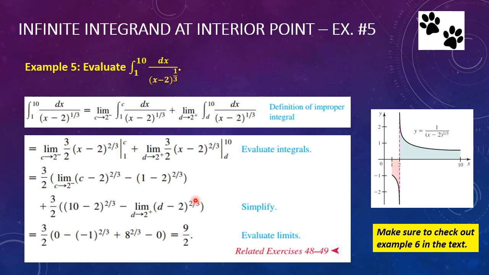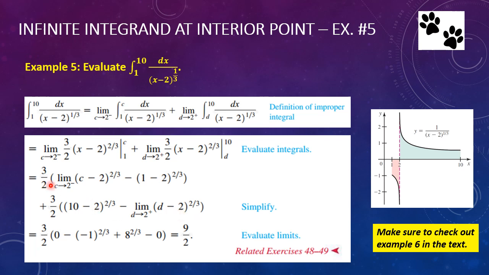When we plug all these in, I'm not going to go through these steps. We get the limit as c goes to 2 from the negative direction of 3/2 times (c minus 2) to the 2/3 minus (1 minus 2) to the 2/3. And again, plugging in all these values, plus the second integral, 3/2 times (10 minus 2) to the 2/3 minus the limit as d goes to 2 from the positive direction of (d minus 2) to the 2/3.